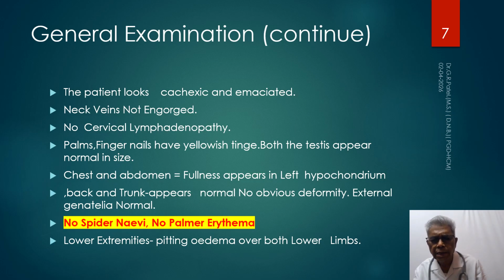Back and trunk appear normal, no obvious deformity. External genitalia is normal. No spider nevi, no palmar erythema, which are the two signs of liver failure. So he does not have these signs. Lower extremities: pitting edema over both lower limbs. That suggests liver failure or hypoalbuminemia, because albumin is synthesized only by the liver. The liver itself is diseased.